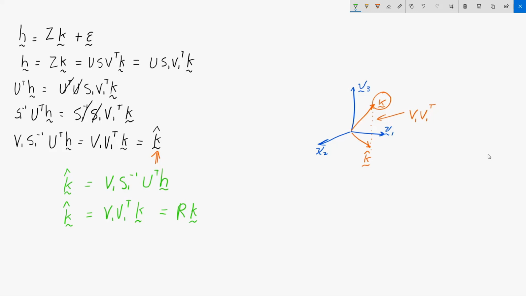Another interesting thing is this. Here's my K hat. Now, K could be up here above the solution space. It could be down here below. K hat is my minimum variance estimate of K because it lies on the solution space.